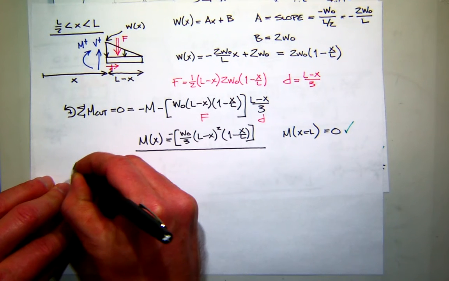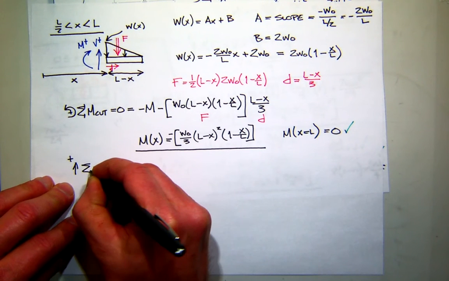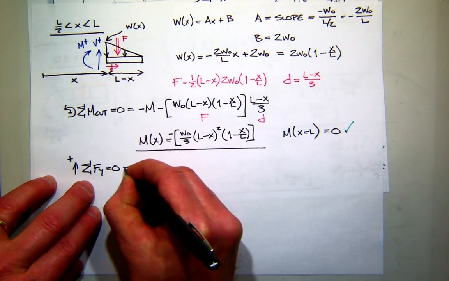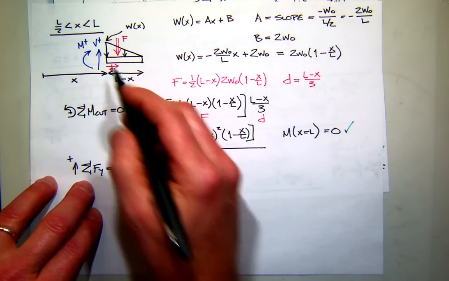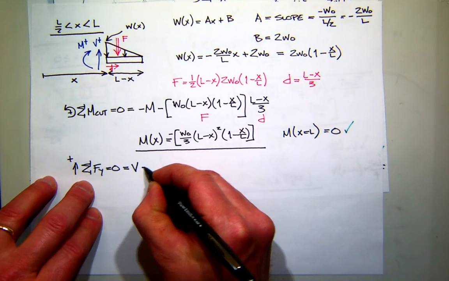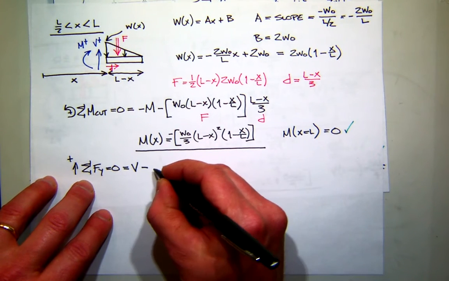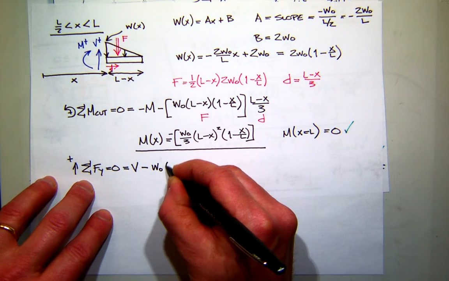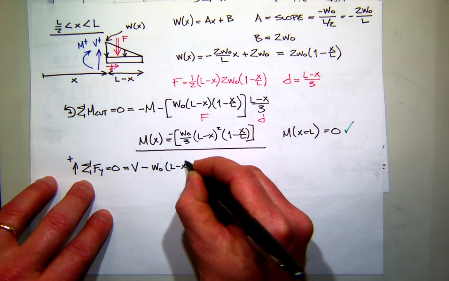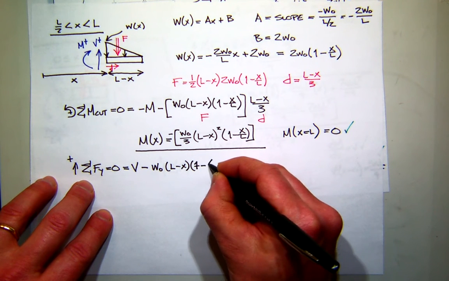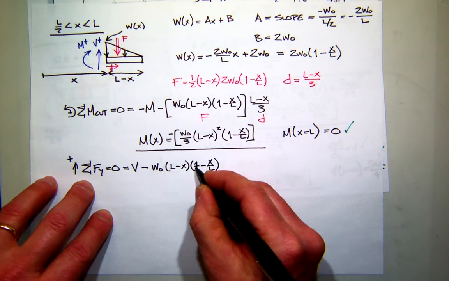Let's go ahead and sum the forces in the y direction. So according to our free body, the shear is acting up and our force is acting down. Here's our force, which was W naught times L minus X times 1 minus X over L. That's a 1, by the way.